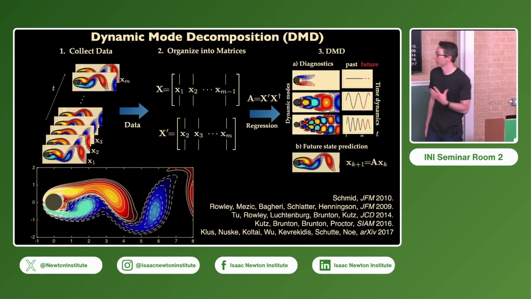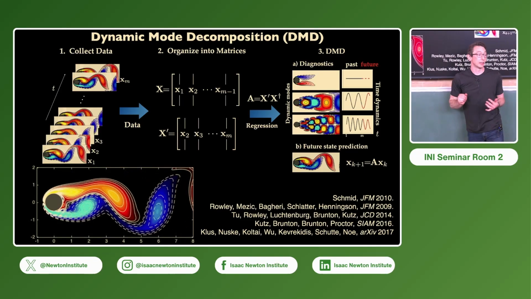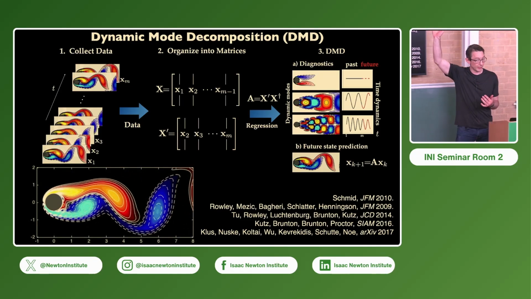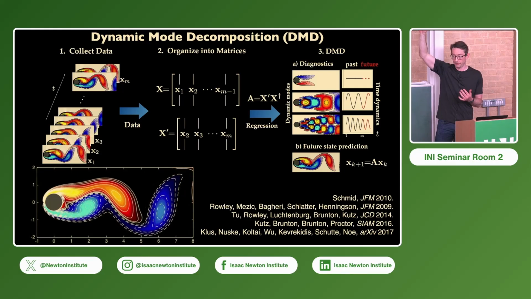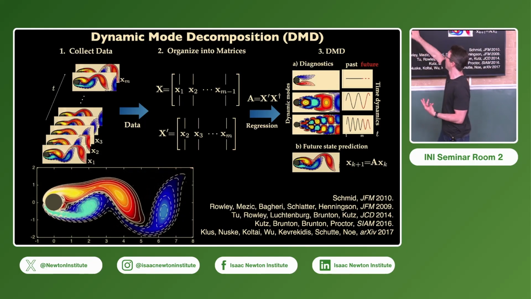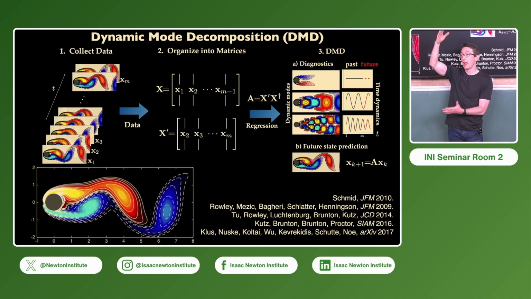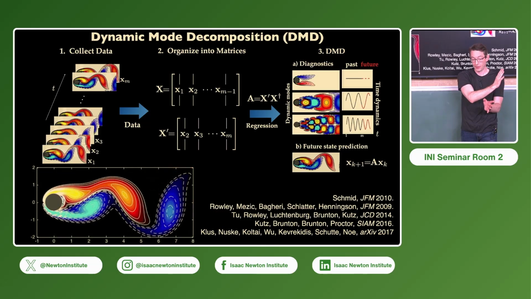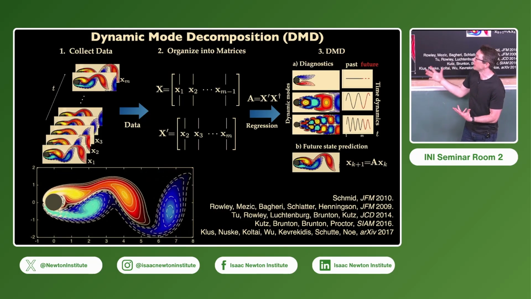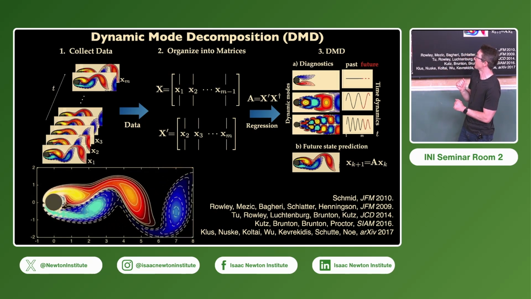So I'll walk you through this. And so what you do is you take a singular value decomposition of X. Anybody not familiar with the singular value decomposition? So the singular value decomposition is a matrix factorization that allows you to take this tall, skinny matrix X and approximate it using an orthogonal basis set that hierarchically captures the most variance in the columns with the first entry, the next most variance with the second entry, and so on.